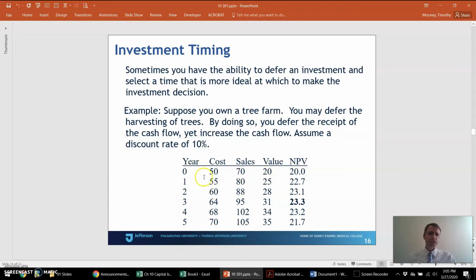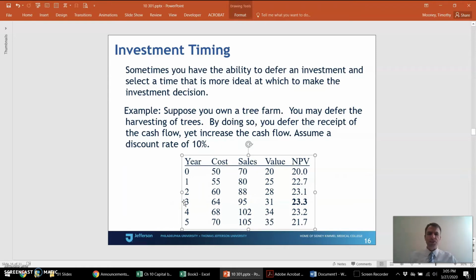And the idea is, well, let's choose the option that creates the most NPV. And it looks like it's waiting 3 years in this case. Because we have to choose among all these different options. We can't harvest the trees in year 0 and then also do it again in year 2 because the trees would be gone. So the investment timing decision, choose the option that maximizes net present value.